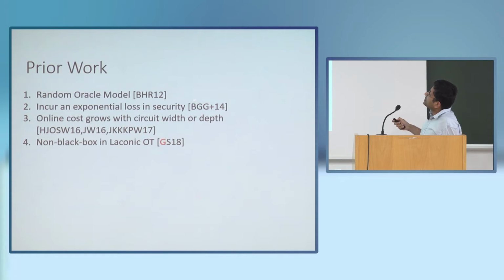The second is you could get a result with an exponential loss in the security reduction, which basically goes from selective to adaptive very easily. There's a very ingenious solution here which makes the online cost grow either with the width of the circuit or the depth of the circuit. There are a bunch of papers that do that.